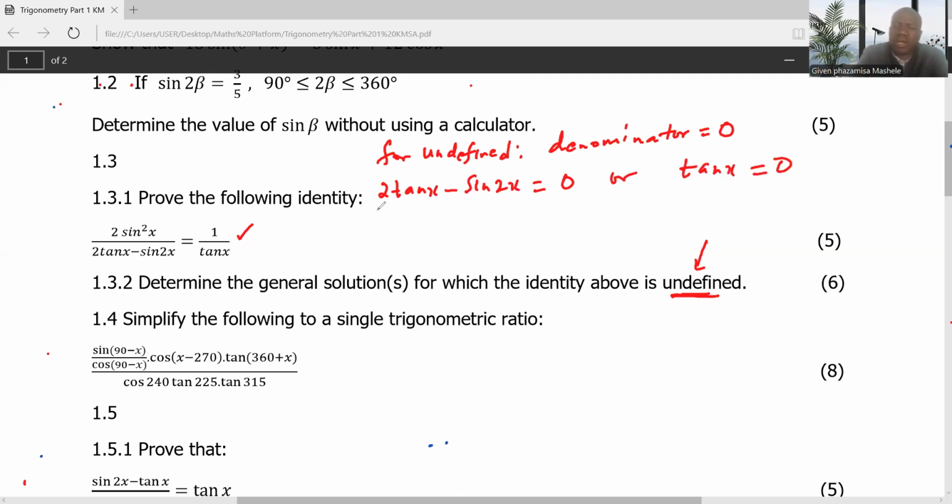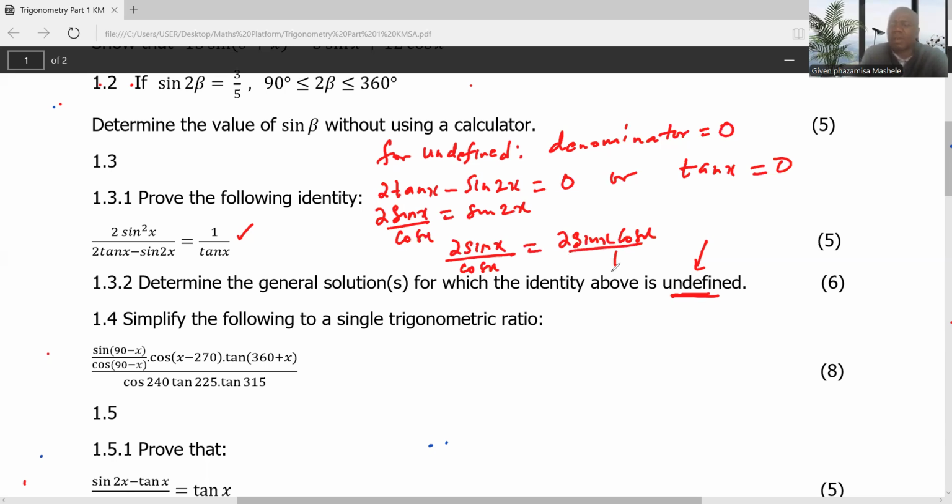So this will become 2 tan x, which is sine over cos. Then we can transpose this side, so this will be sine 2x. This becomes 2 sine x over cos x. What is sine 2x? Sine 2x is a double angle, which is 2 sine x cos x over 1.